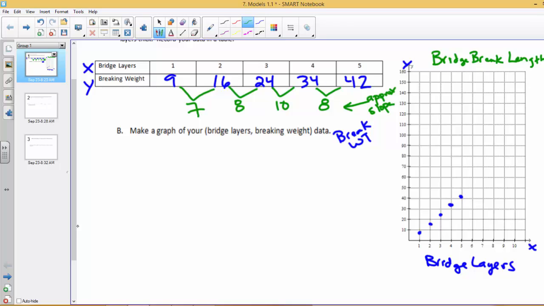So, if you look at your dots, a best fit line must go through at least 2 points. You want the points as close to the line as possible.